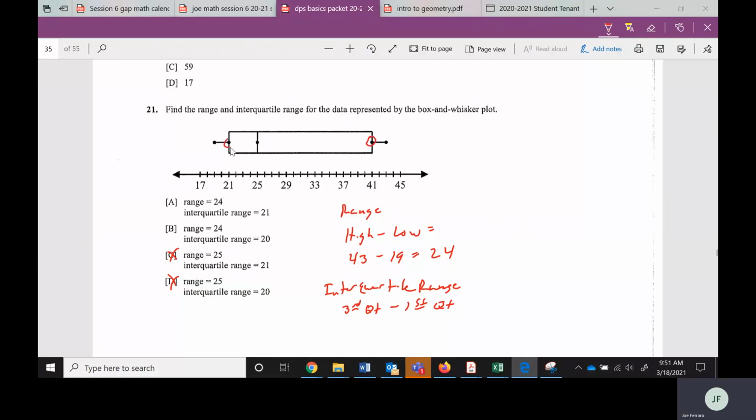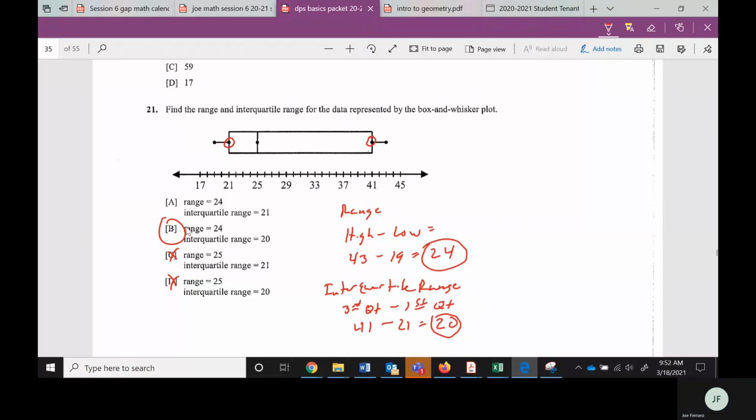First quartile is the one that's here. Okay, so here's 41. Here down's 21. Subtract those, you get 20. So here was the range. Here's the interquartile range, which just means the distance between the first and third quartile. So if we look, range of 24, interquartile range of 20.